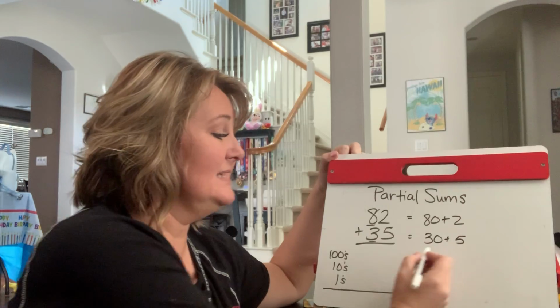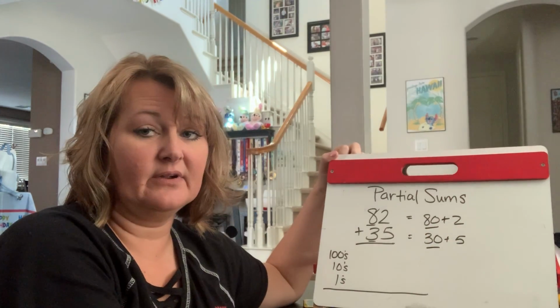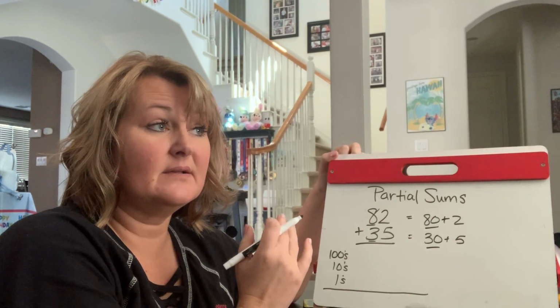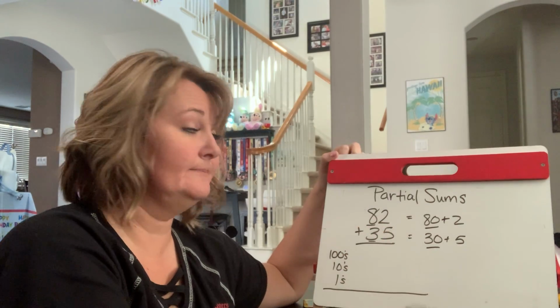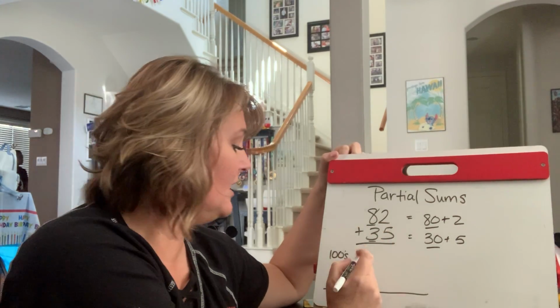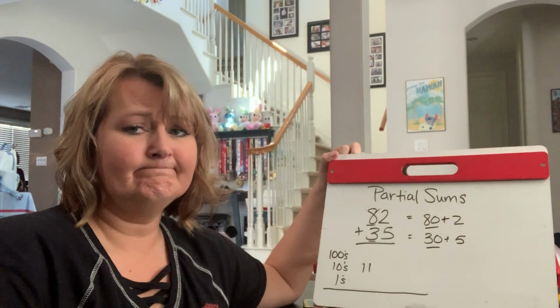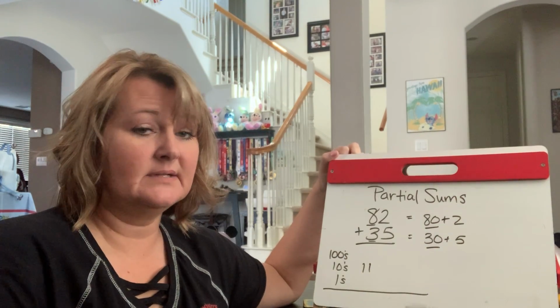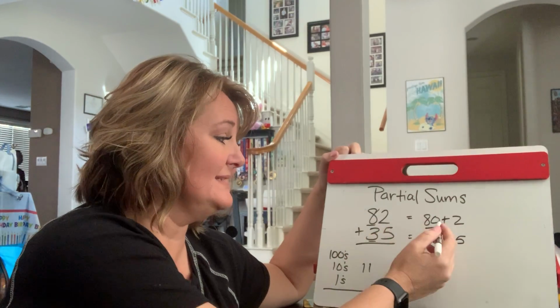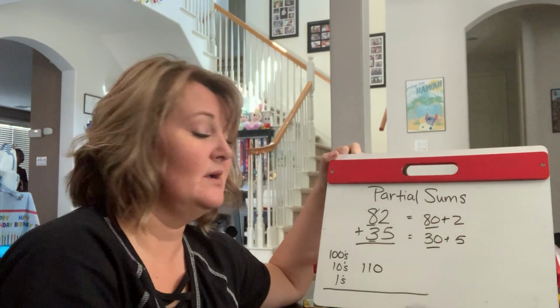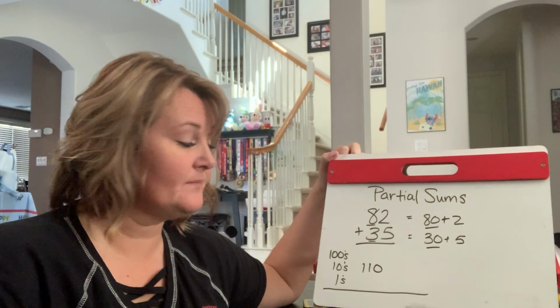Don't get stuck because you're taking 8 and 3 and saying 8, 9, 10, 11. Nope, I'm missing something there, because these aren't just 8 and 3, they're 80 and 30, which means 80 and 30 is 110.